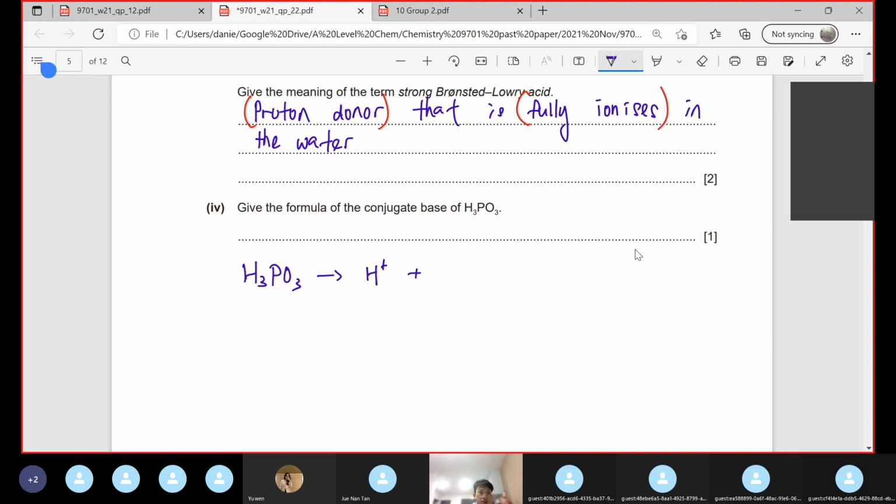Then what is the remaining structure? 1 H is already left, so we have another 2, so H2PO3. Then how about the charge? 1 positive left, we want to make it neutral, so negative here. So this is acid, then this we call conjugate base. Let's say until today you still do not know what a conjugate base is, then this is how we identify it. So it will be H2PO3 negative.